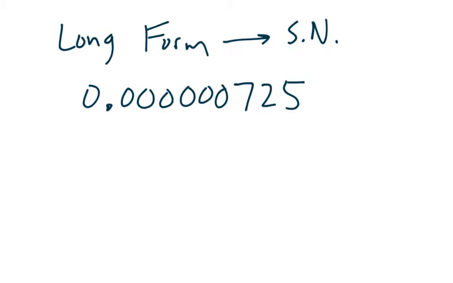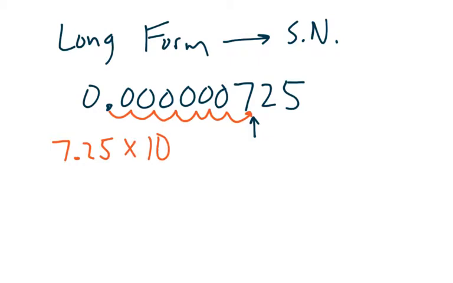Okay, so again, to fulfill our rule, we want to move the decimal point so that the number's between a 1 and a 10. We want to move it, in this example, to the right. So we want to go 1, 2, 3, 4, 5, 6, 7 spots. Our new number is going to be 7.25 times 10, and notice it's going to be to the negative 7.